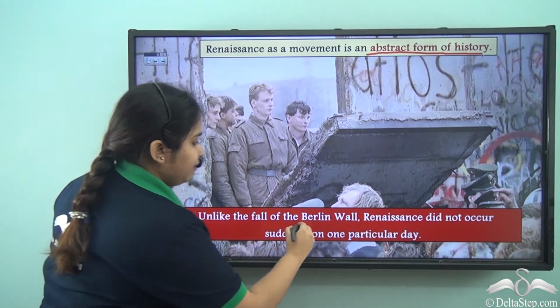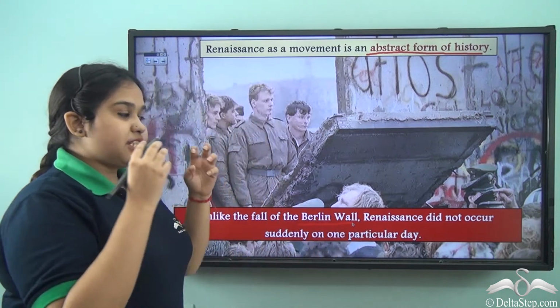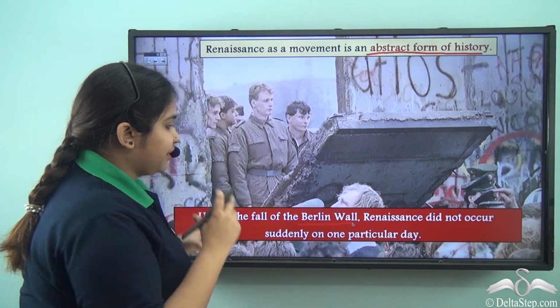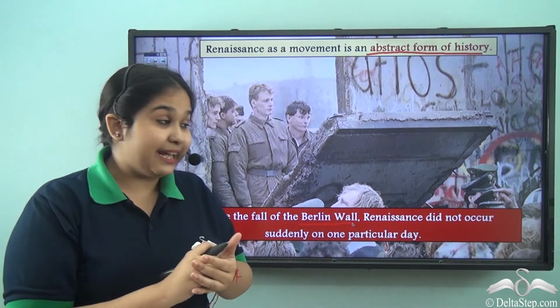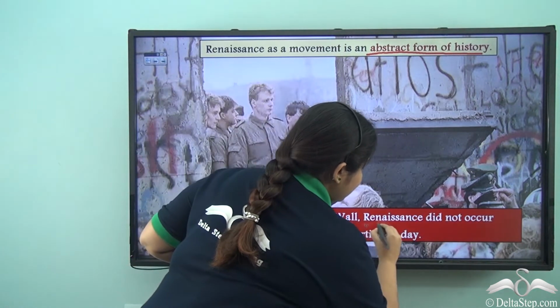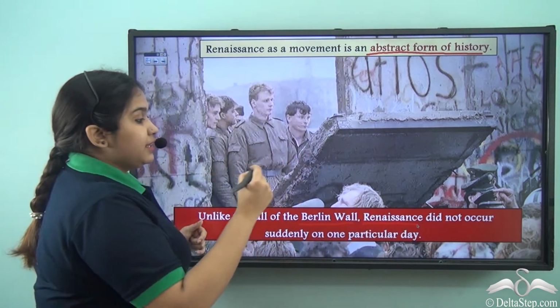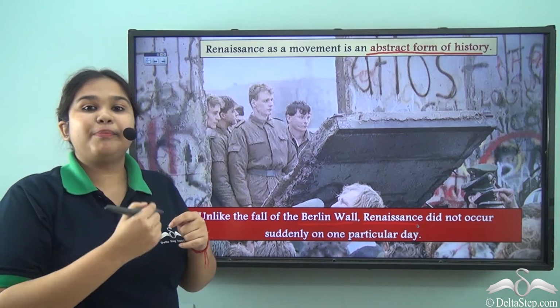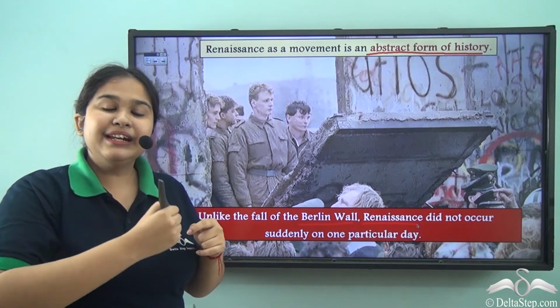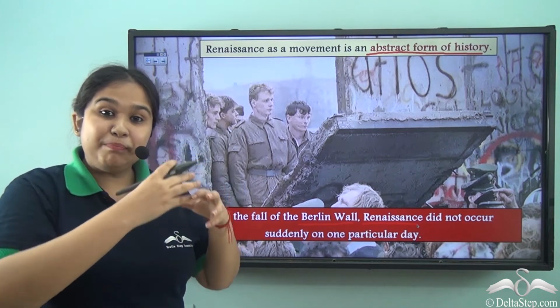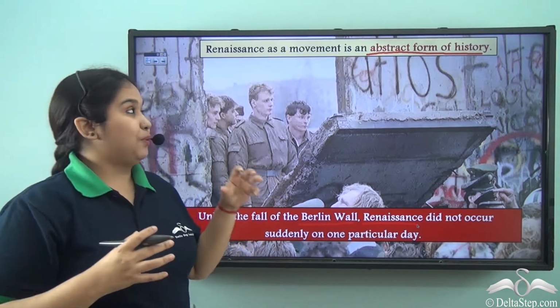Right, when the Berlin Wall fell, it was a very specific event. People were there, it happened on a particular day. But Renaissance was not a particular day or a particular happening. It happened in one stretch. So it was a period that we are talking about.